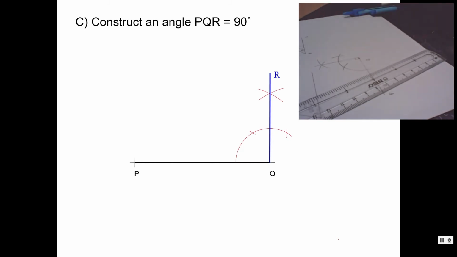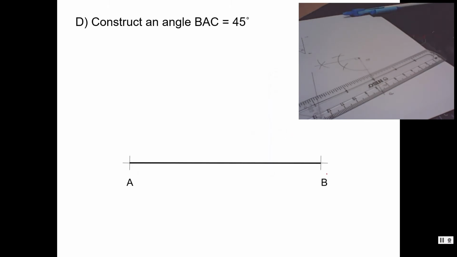After you do a few exercises, I think by just observing this animation you'll be able to follow the step by step given in the slide. Now we want to construct an angle of 45 degree. We have the AB line.